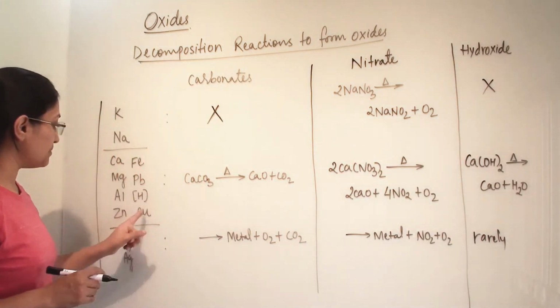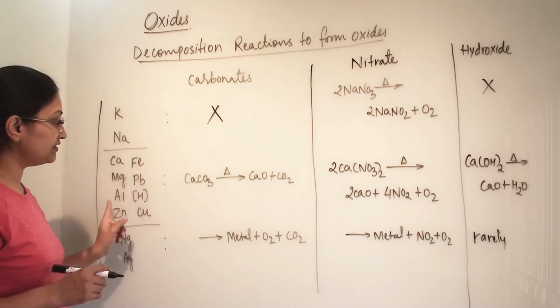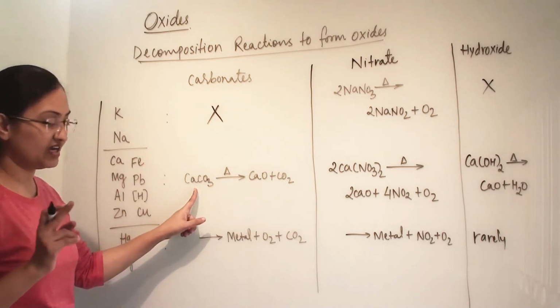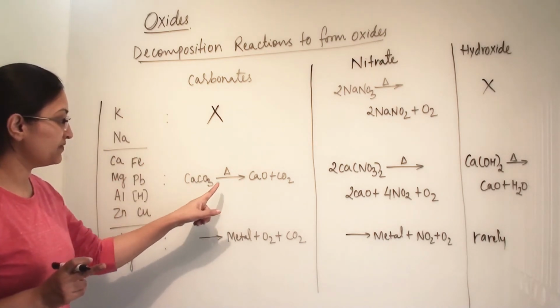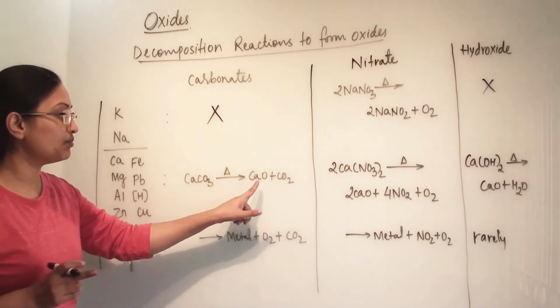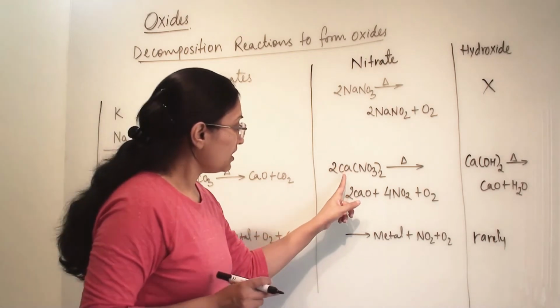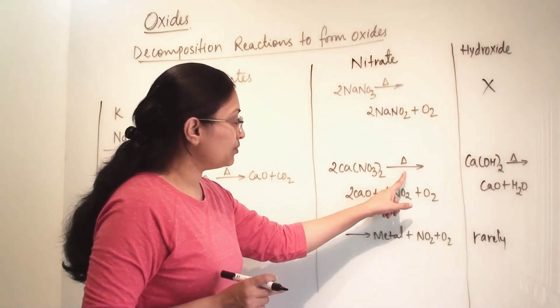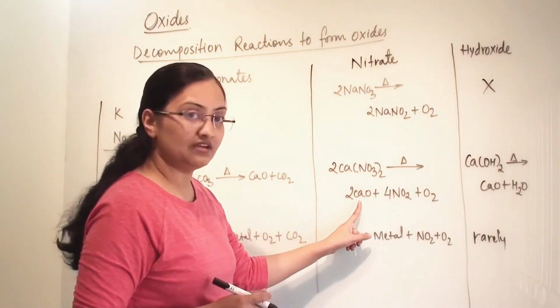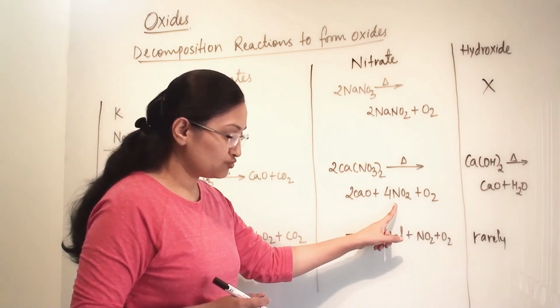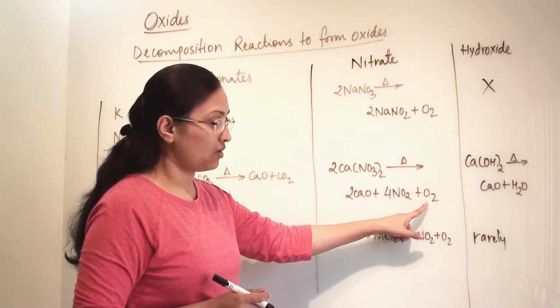Then about these metals which are moderately reactive. From that we are taking one example, that is calcium carbonate. In the presence of heat it decomposes into calcium oxide and carbon dioxide. Calcium nitrate will decompose in the presence of heat and it will give us calcium oxide, NO2 (nitrogen dioxide) and oxygen.